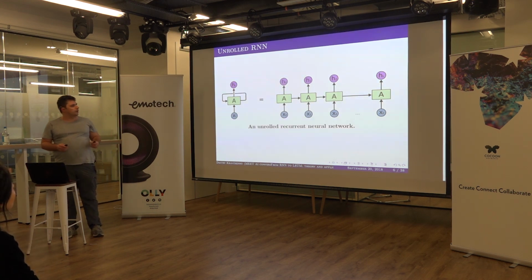So the RNN context is a kind of this recurrent state, but it helps to unroll the RNN network into this full network to understand how it works.